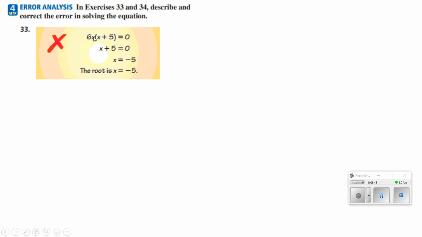This part's true, but let's not forget, x also has to be 0, because over here, we also have 6x equals 0. And so we have to divide by 6 to get x by itself, which means I have to divide 0 by 6, and 0 divided by 6 is 0. So there should be also 0 as a root.